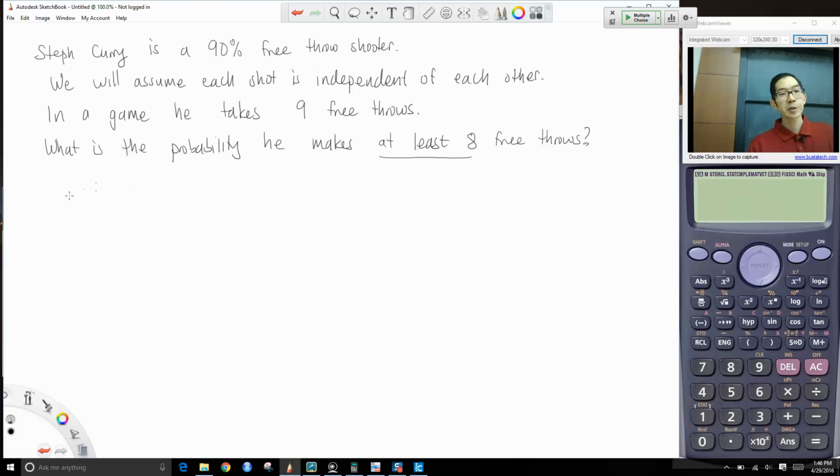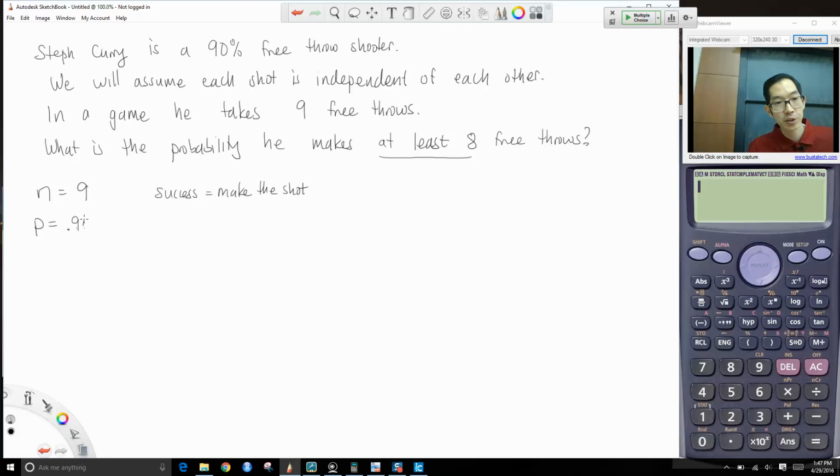So in this case, how many trials are we performing? 9 free throws, right? 9, okay. A success will be defined as him making the shot. So what is the probability of a success? We're saying 90%, okay?